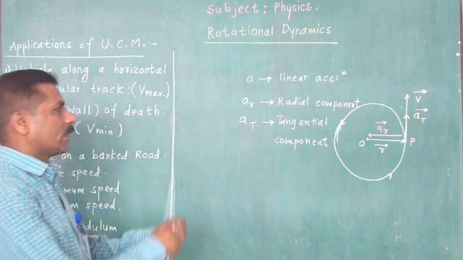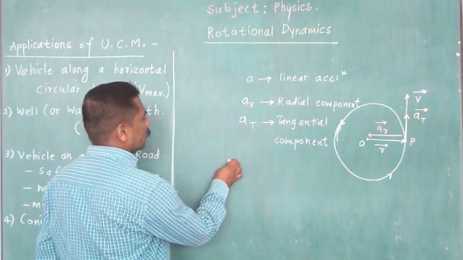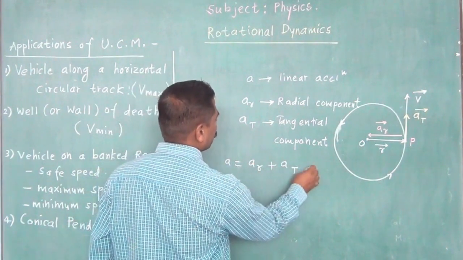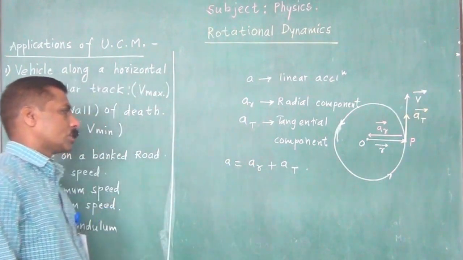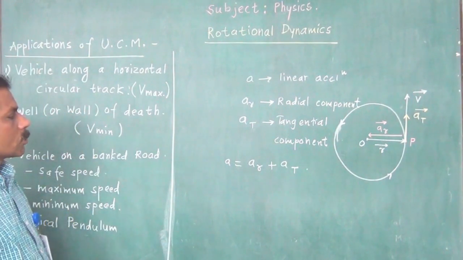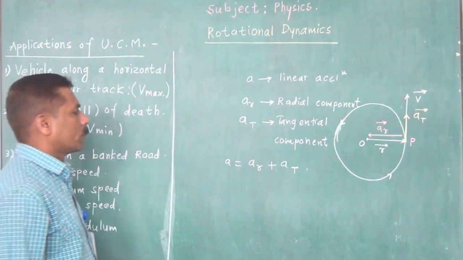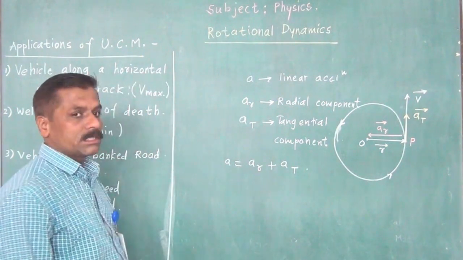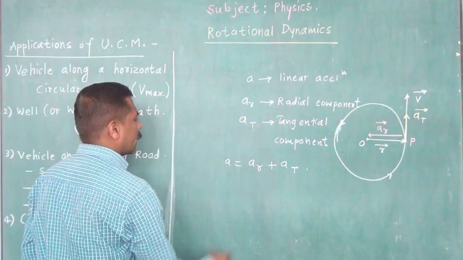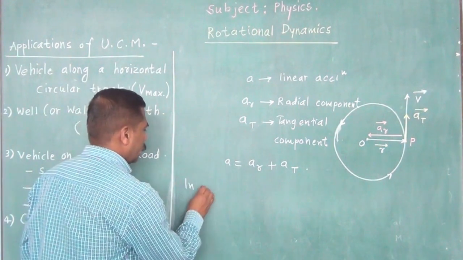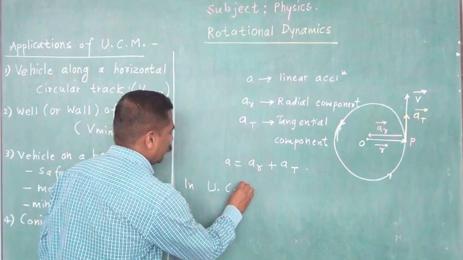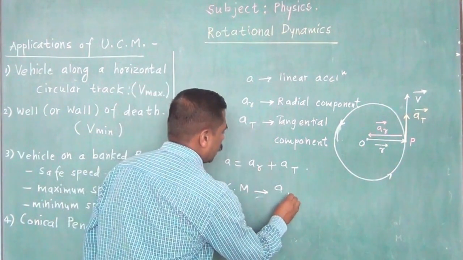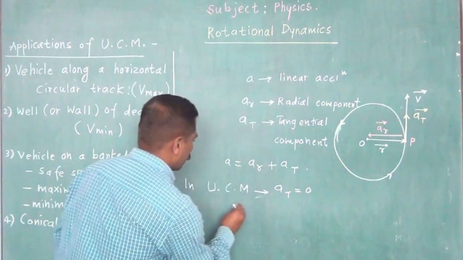This linear acceleration is nothing but the addition of these two. Also, we have seen that in case of uniform circular motion, the tangential acceleration is 0.